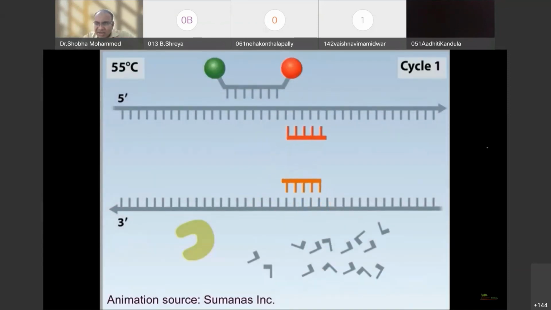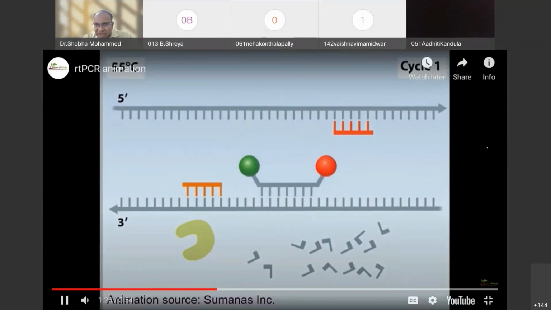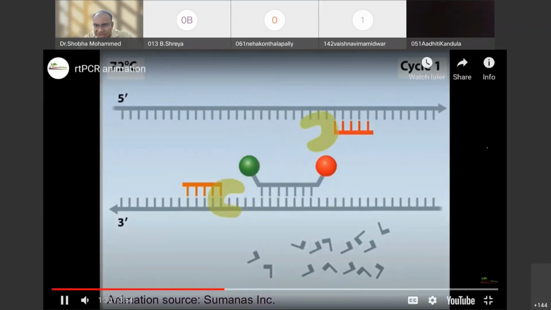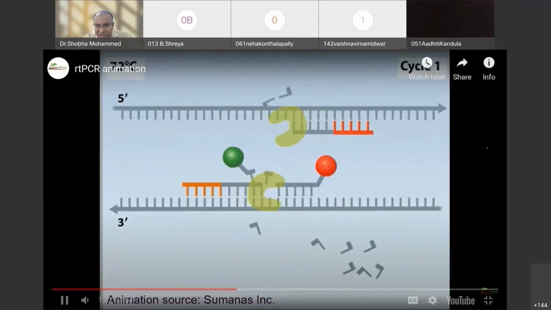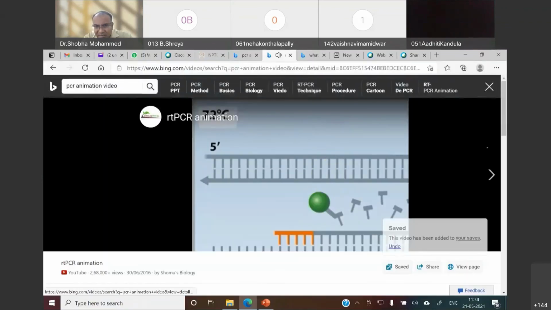Once the denaturation is over, when I have the formation of the 2 fragments here, the probe which I am giving you with these two, the reporter and the quencher, and the primers which are present here, this is the polymerase enzyme which comes and binds. And you see here the nucleotides which I have supplied, it's going to bind with that particular strand.